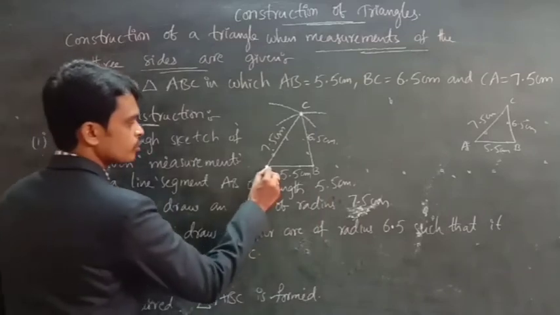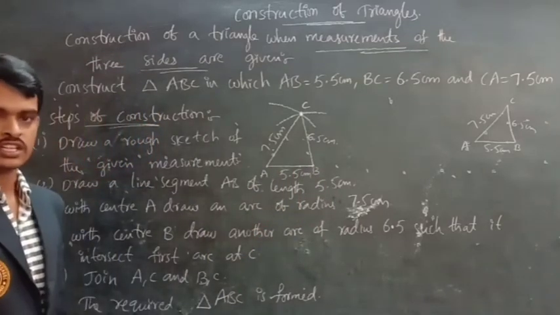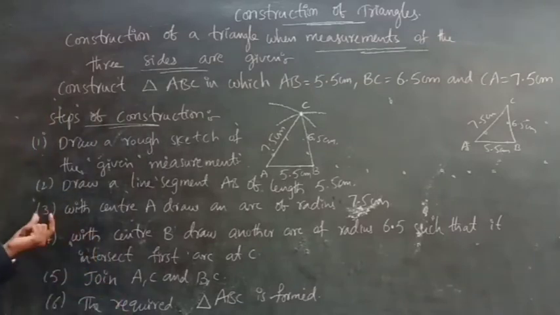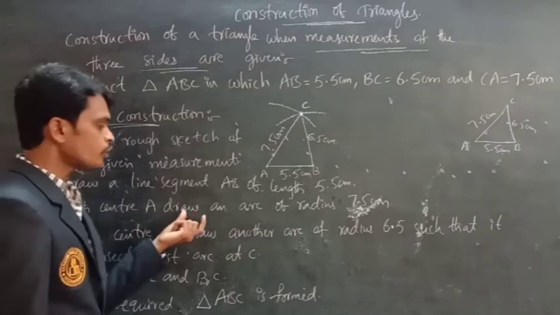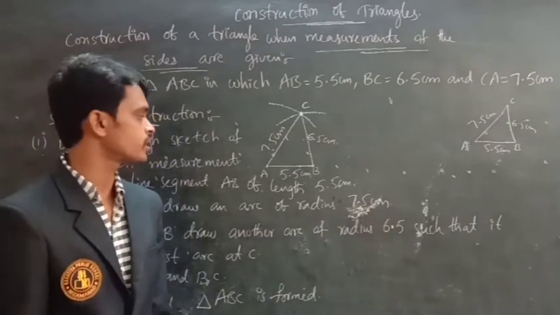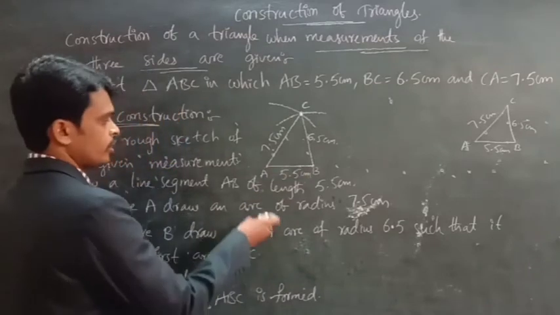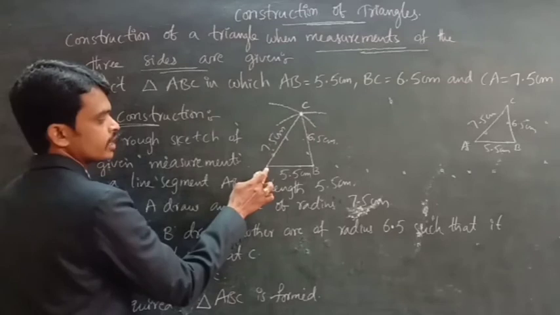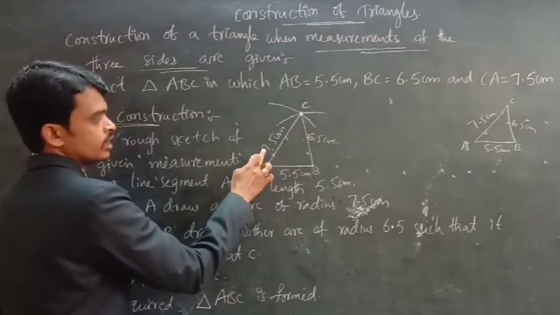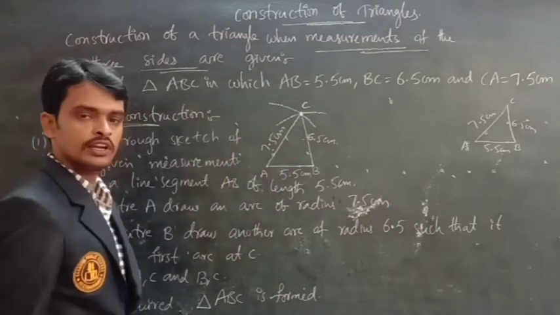Third step, with center A, draw an arc of radius 7.5 centimeters.